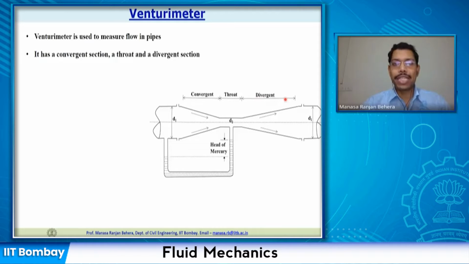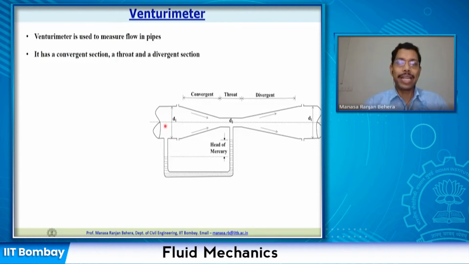Then there is a divergent section, where the flow is expanding and the area is increasing, up to this point. Now the inlet portion of the convergent section should have the same diameter as the pipe.